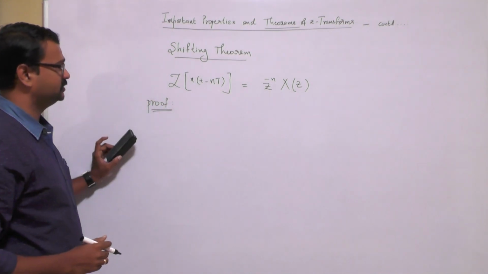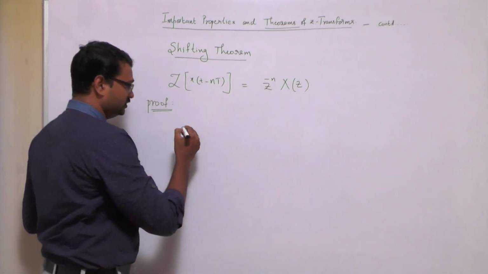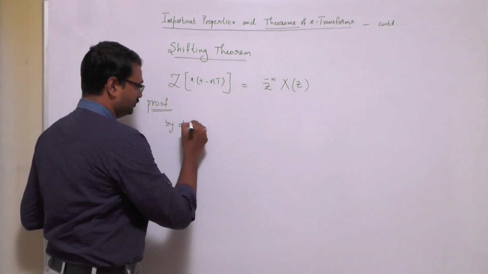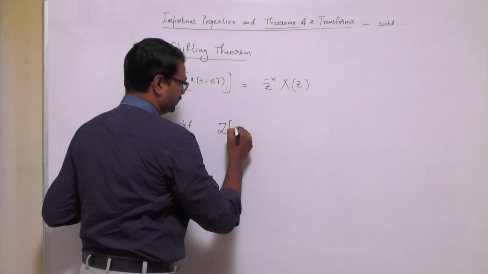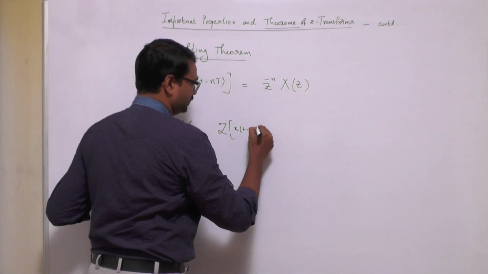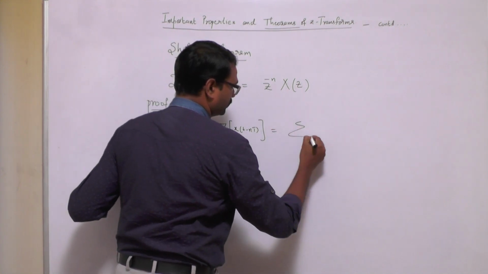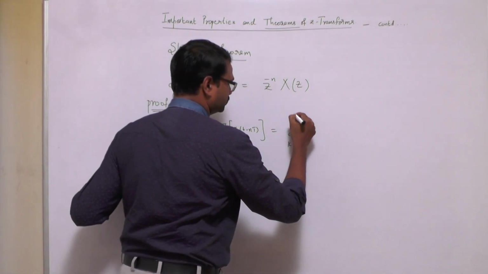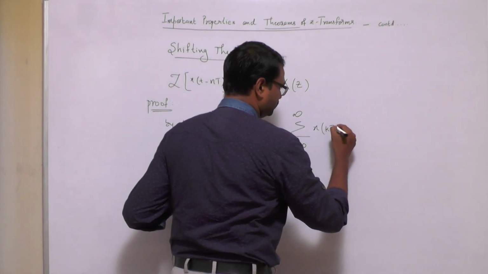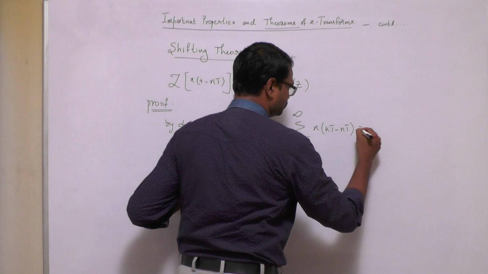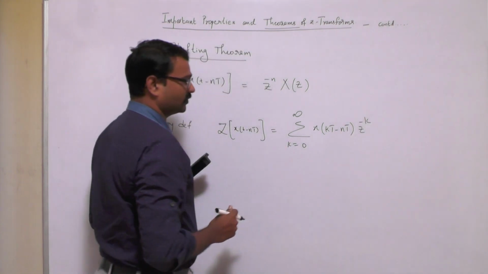The proof of Z transform x of t minus nt, by definition of Z transform of x of t minus nt is given by sigma k is 0 to infinity x of kt minus nt z power minus k.